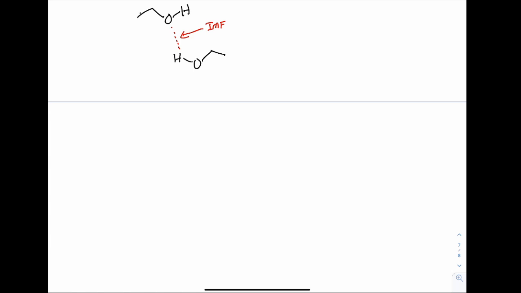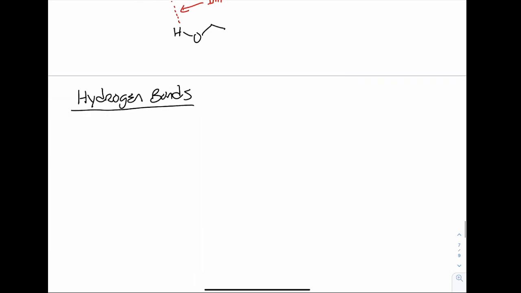Our first one, let's just do hydrogen bonds first. And hydrogen bonds are very specific, so as I write this, it's kind of wordy, just bear with me, and then I'll explain it.